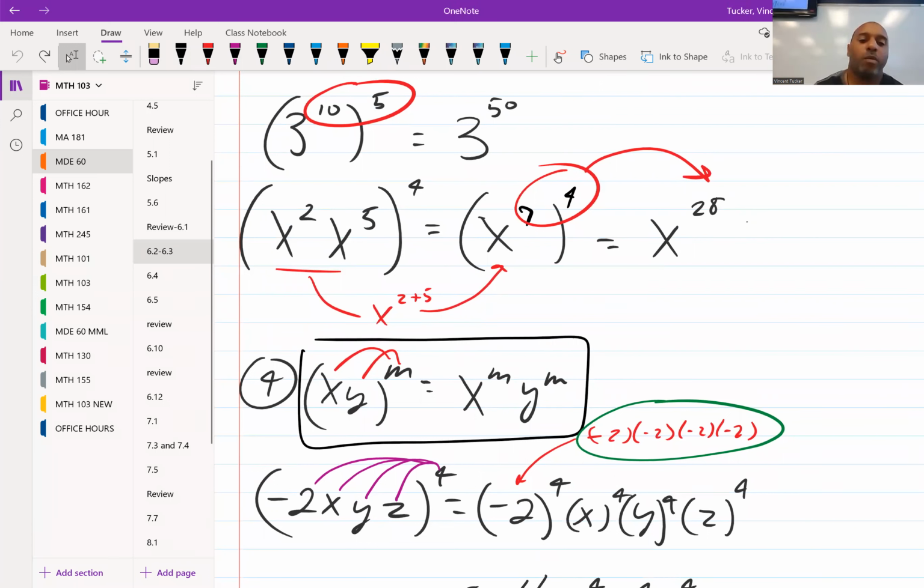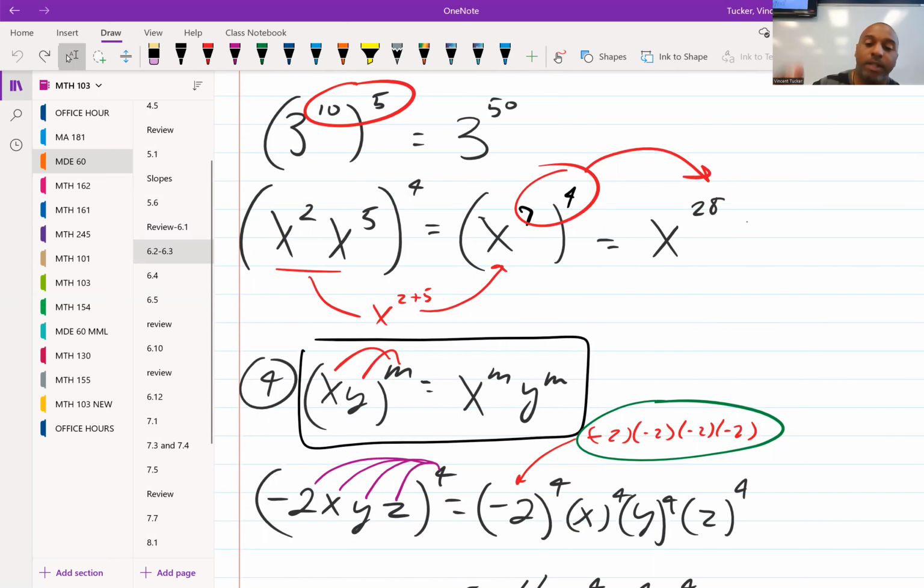So next one, when we don't have like bases and we have an exponent sitting outside the parentheses, then we're going to distribute that exponent to each term inside of your parentheses. So we have -2xyz raised to the 4th power. All of those are in the parentheses.